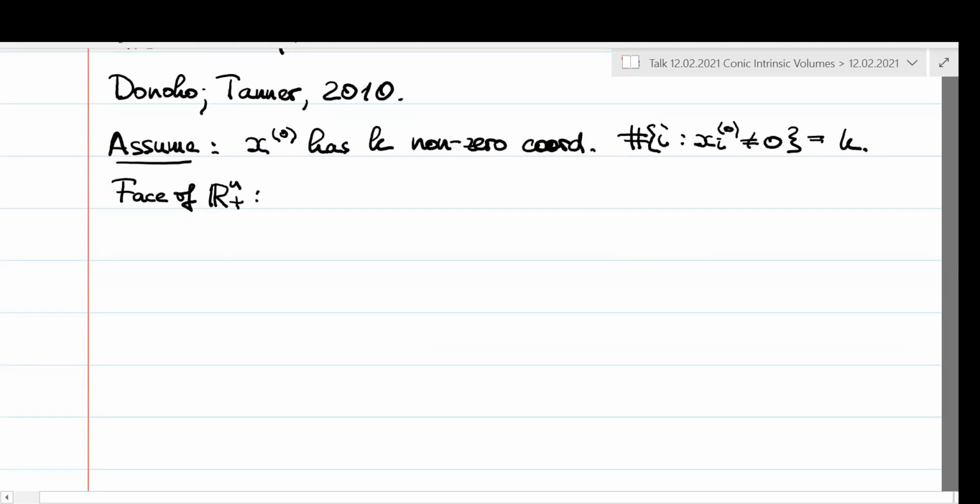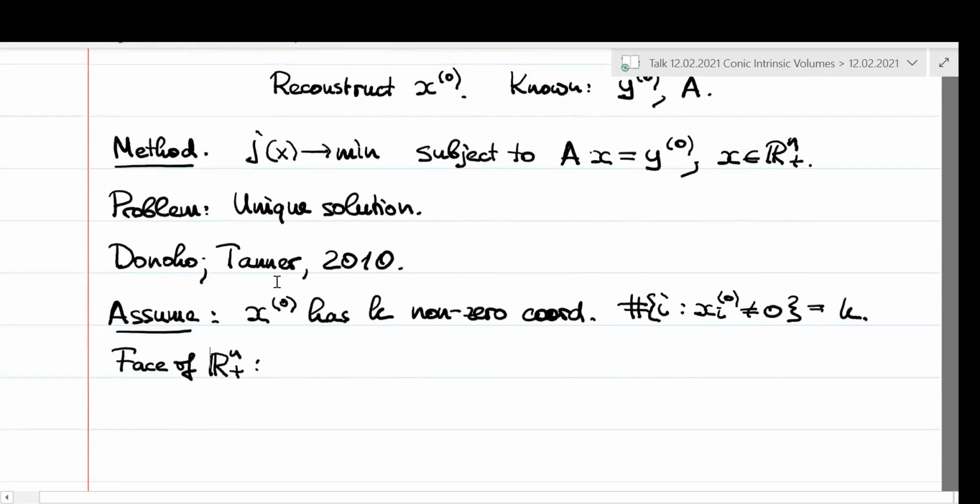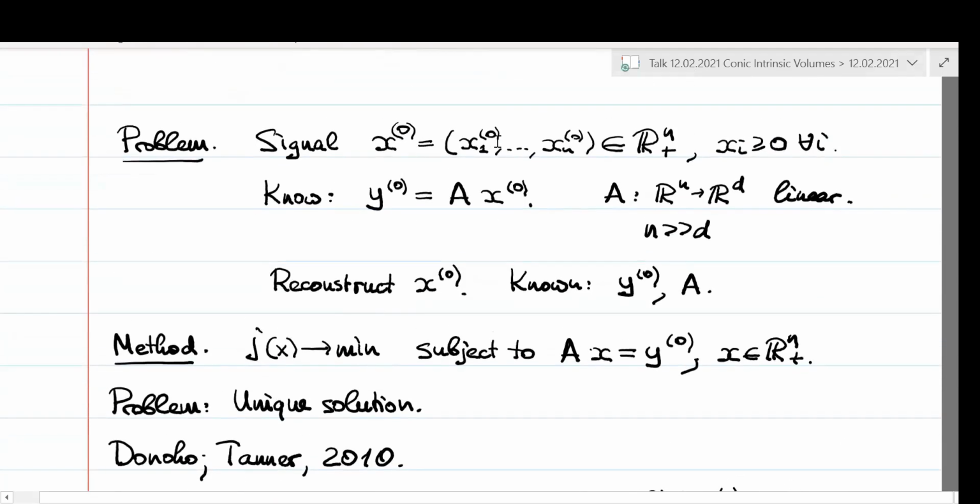In general, the faces of Rn plus are determined as follows. Rn plus consists of all vectors with non-negative coordinates. If we want to have a face of Rn plus, we have just to say some of the coordinates are 0 and the others are non-negative. This determines a face. So faces correspond to subsets of the set of n coordinates.